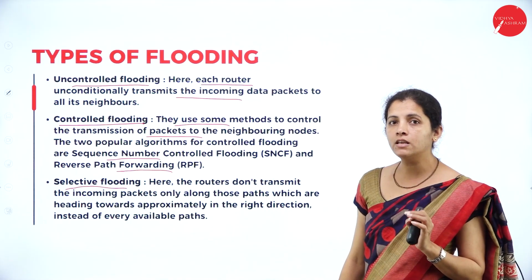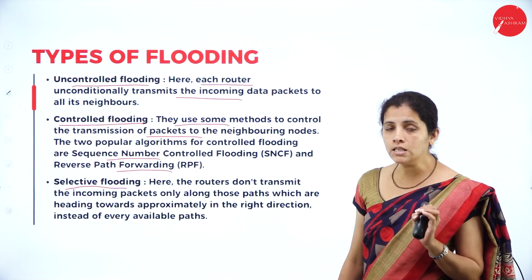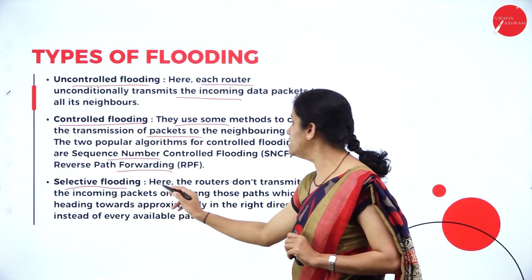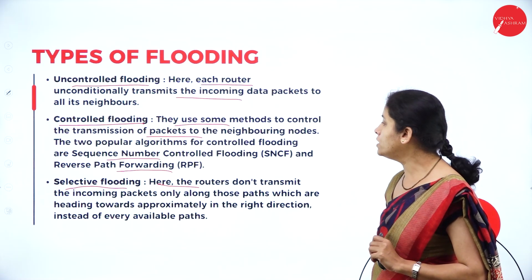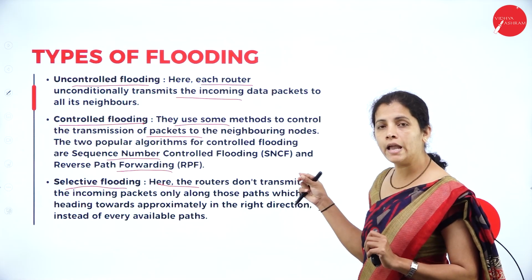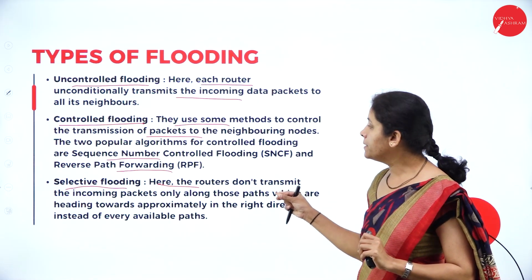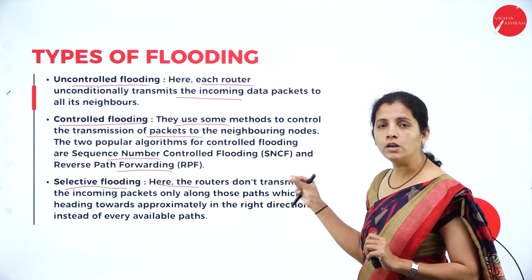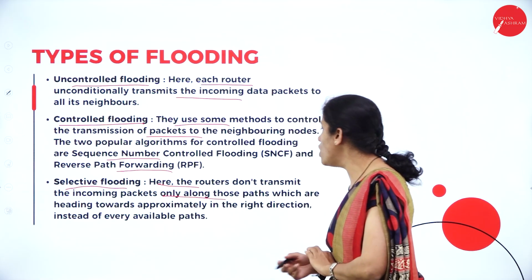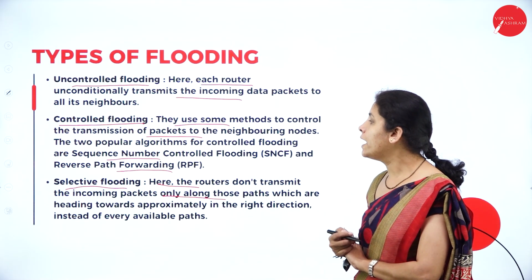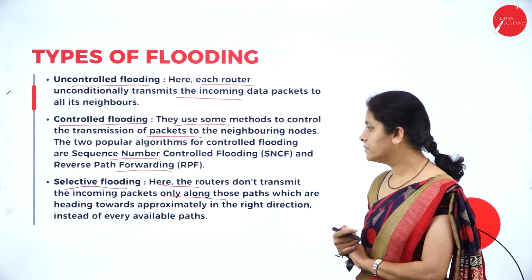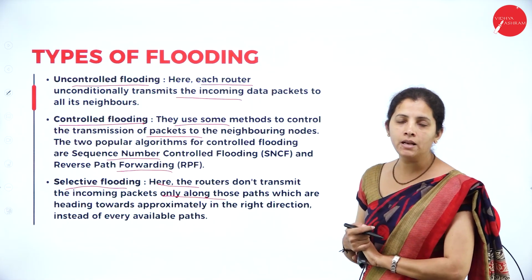The router is responsible for selecting the best route. So when the router receives any packet, it does not transmit the incoming packet along every available path, but only along those paths which are heading approximately in the right direction.